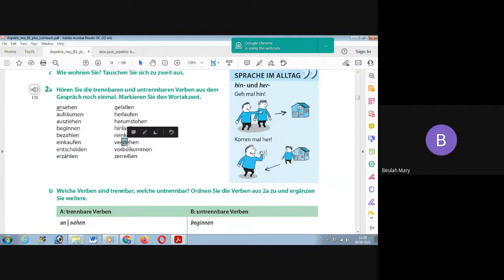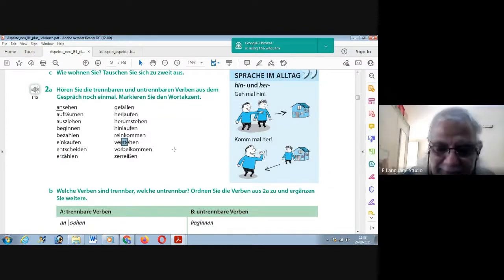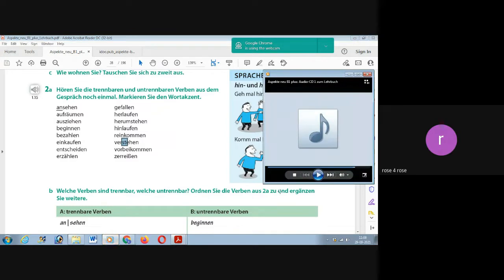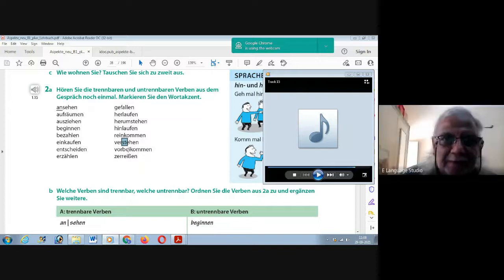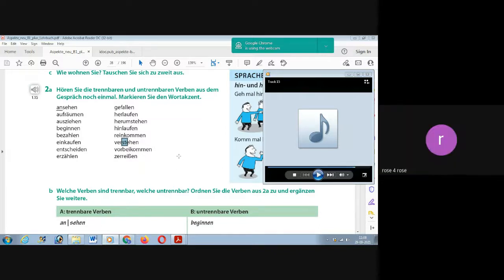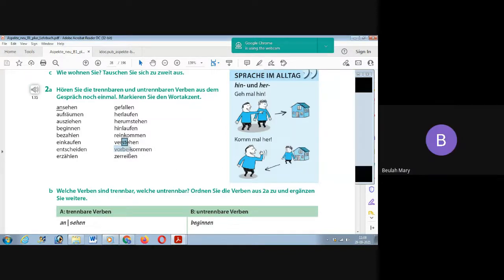Verstehen. No, the first stress is wrong. Put it on the second one. Verstehen. Das ist richtig. Also noch einmal. Verstehen. See? Don't stress the first syllable. That's wrong. And what about this one? Trennbar. Yeah, trennbar.